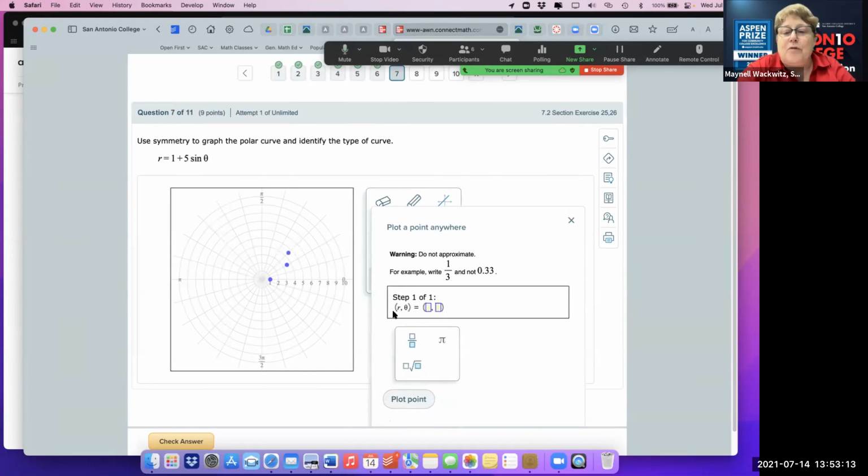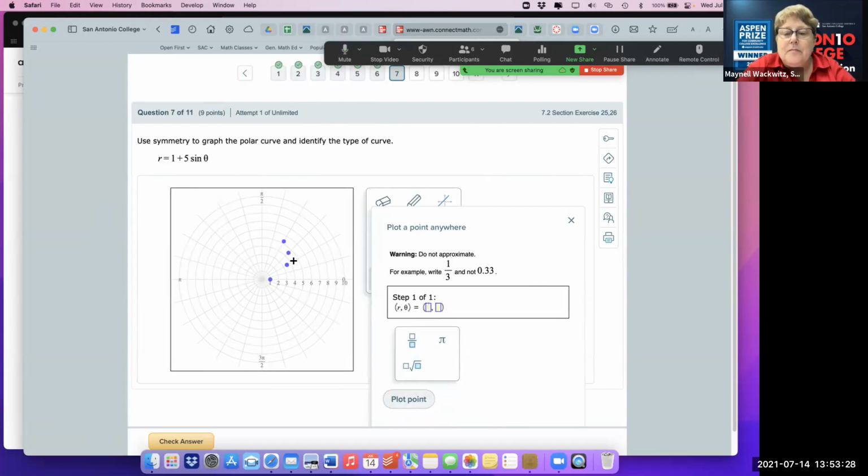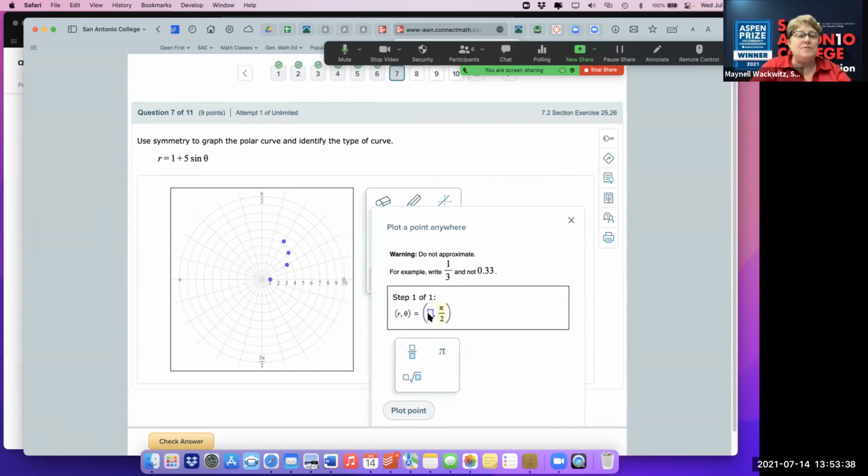And the next point was pi over 3. Yes, 5 square root of 3 over 2. 1, 2, 3, 4. Let's do one more point. Let's do pi over 2. The sine of pi over 2 is 1, 5 times 1 plus 1 is 6.